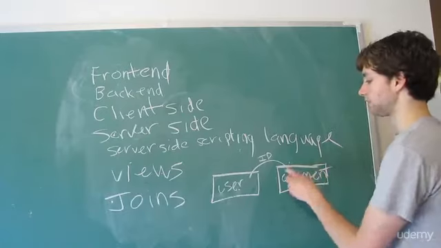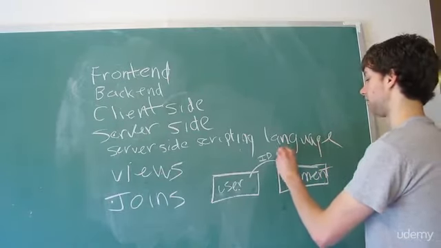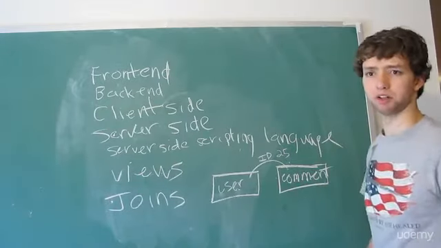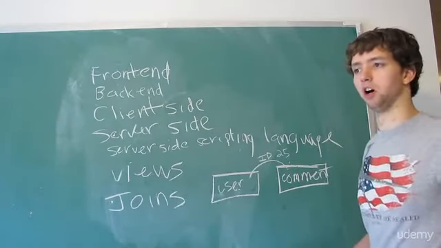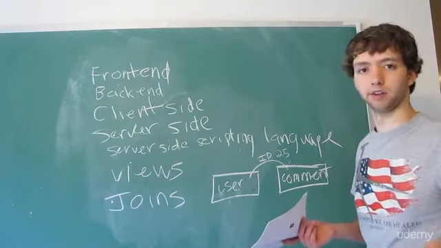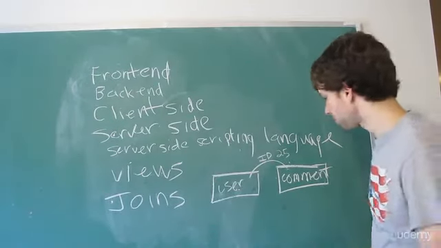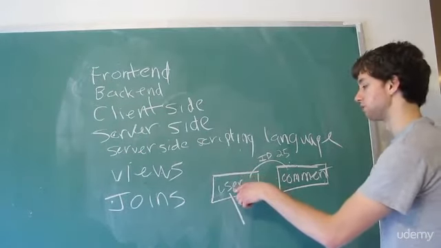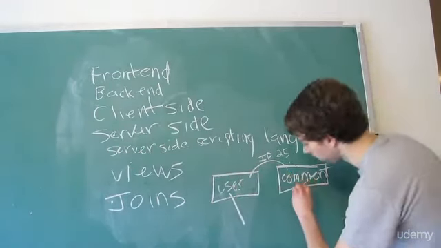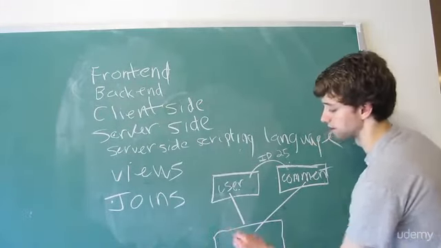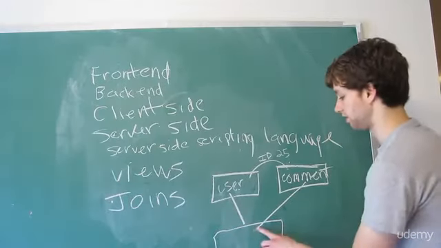Well, this ID, let's say it's the ID of 25, right? Well, instead of saying this comment was by the person with the user ID of 25, we want to say Caleb Curry. So we have a join taking the name from the user table and connecting it with the comment of the comments table to get this new generated table.